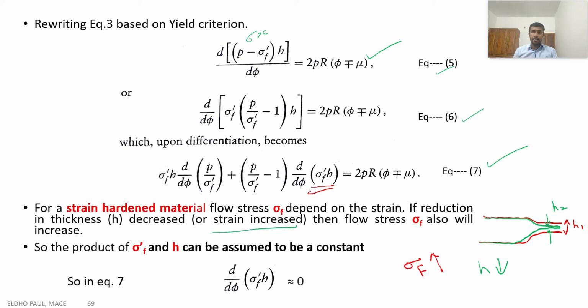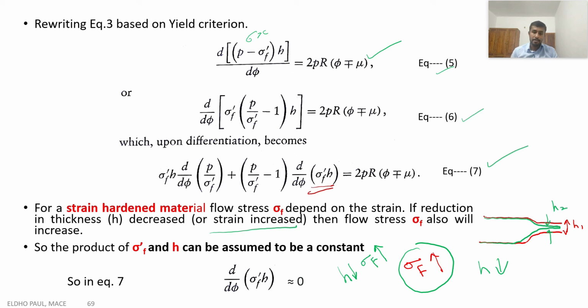So when the strain is increased, correspondingly the flow stress of the material will increase, because when the deformation is increased there will be some strain hardening. The material strength is increased, so we need more stress for further deformation. That means when the thickness decreases, the flow stress will increase.